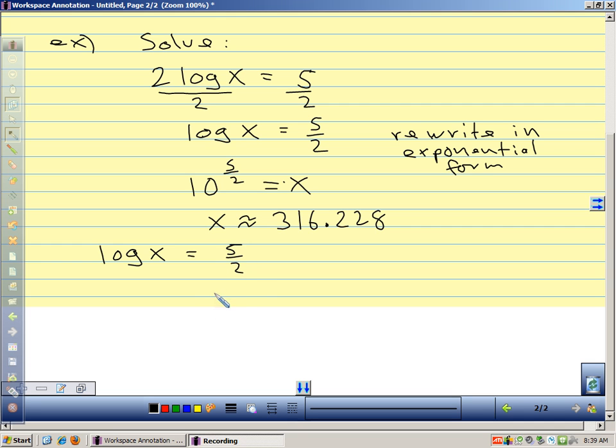We can think of what we did here as raising 10 to the power of each side of the equation. So kind of like what we did yesterday where we took the logarithm of both sides of our equation to solve it, we can raise 10 to this power and raise 10 to that power. When you use this, it's called exponentiating both sides.